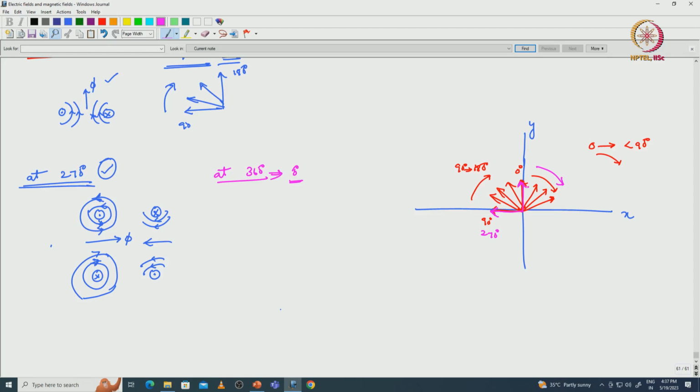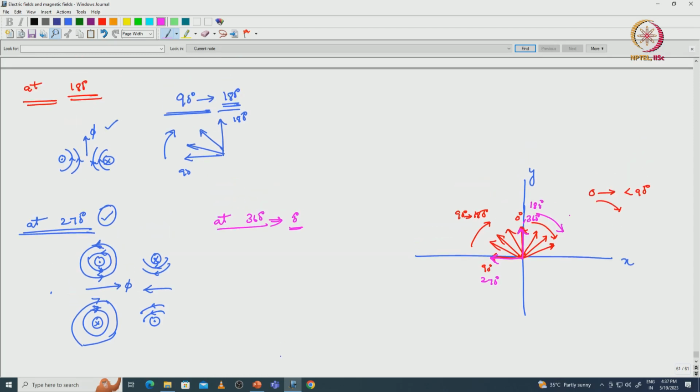So it will be in the same direction. And 180 degrees is also in the same direction. At 0, 180 and 360 degrees we are seeing the flux in this direction, and at 90 and 270 degrees we are seeing flux in this direction. This is the resultant flux plot.